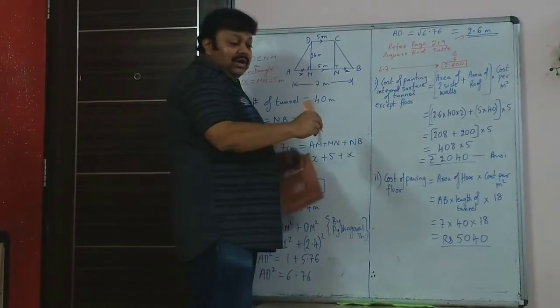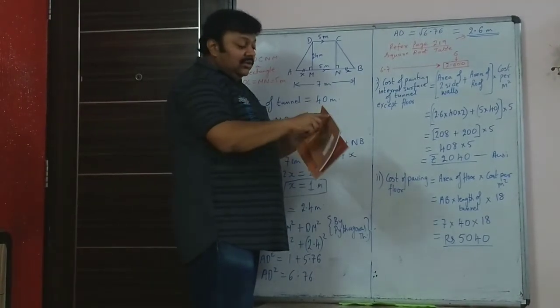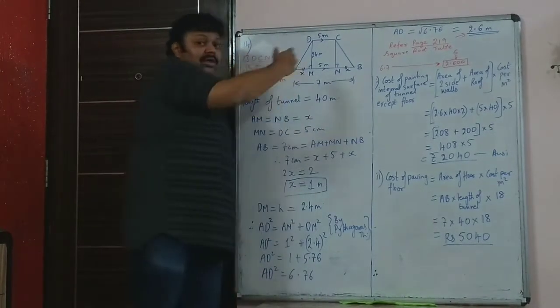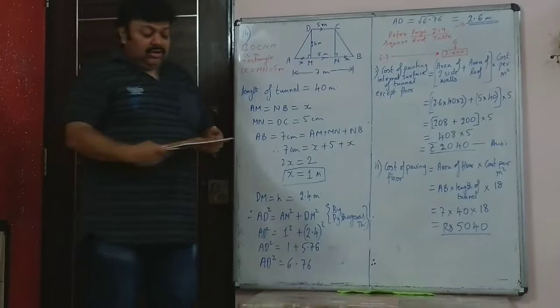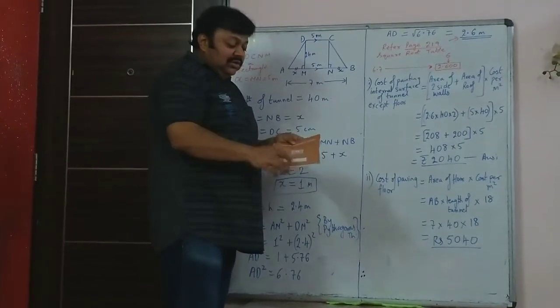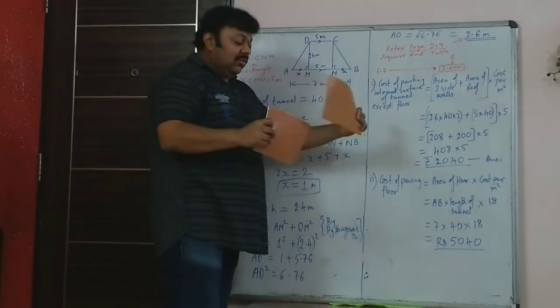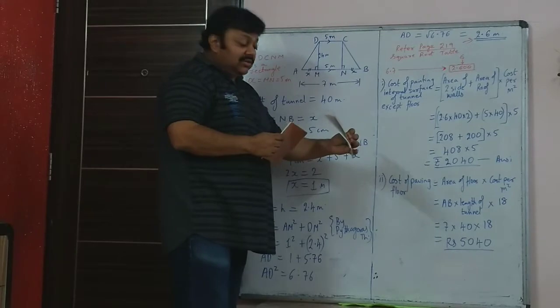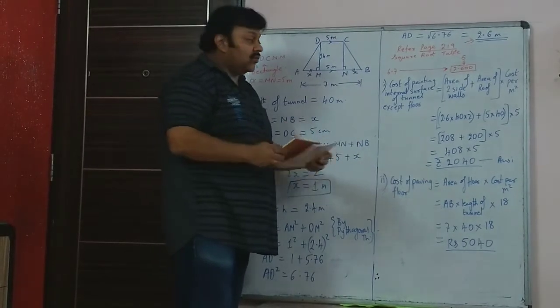It was kept slant, but this length is 2.6 and this depth is 40 meter. The depth of the tunnel is 40 meter. So this area is 2.6 into 40. Like that, both the surfaces you have 2.6 into 40 plus that is also 2.6 into 40.